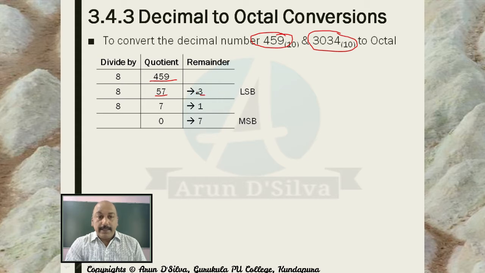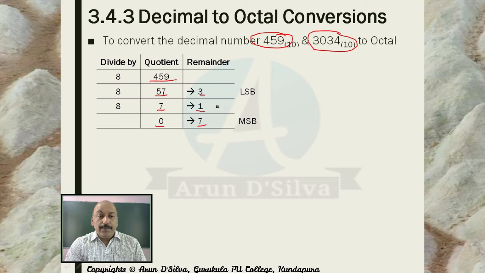I've recorded it on the right side. You can do this using a calculator. Again, I'll divide 57 by 8. I get 7 as the quotient and 1 as the remainder. Again I'll divide: I get 0 as the quotient and 7 as the remainder. Further, I cannot divide.